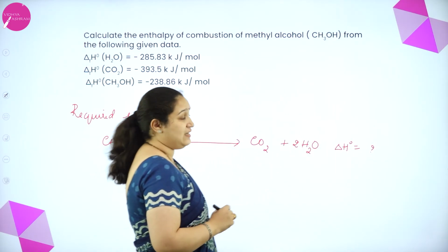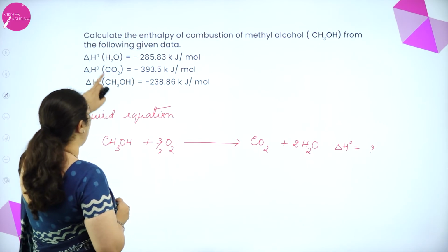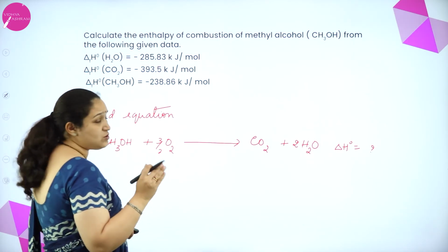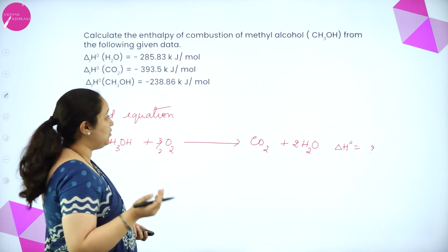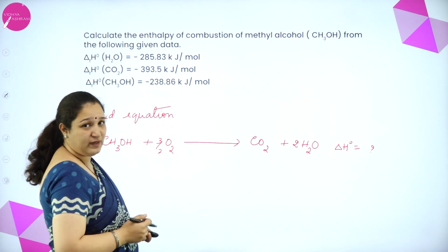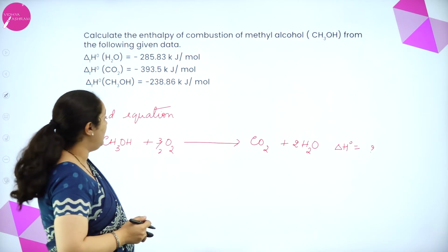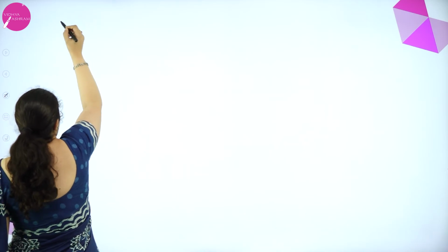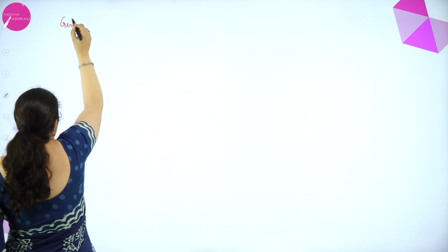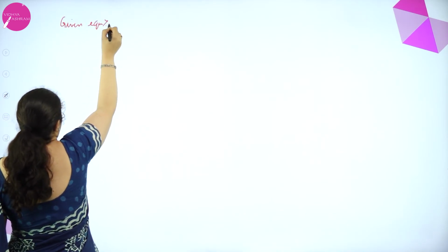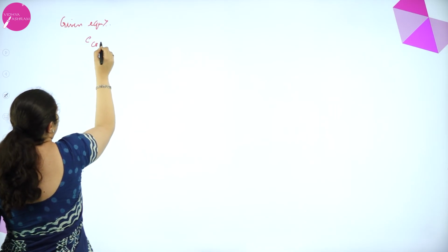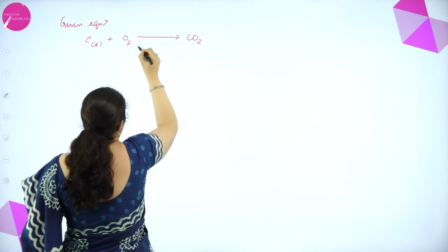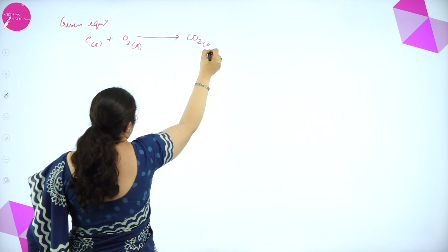For this I need to calculate delta H naught. What is given? Formation of water, carbon dioxide and methanol is given. So I'll write all of the given equations, and then we'll see what we need to reverse to write the required equation. Carbon plus oxygen giving carbon dioxide, this is a gas. This also is a gas.